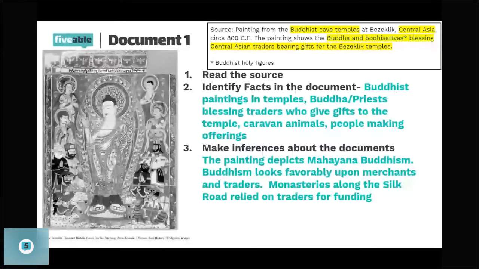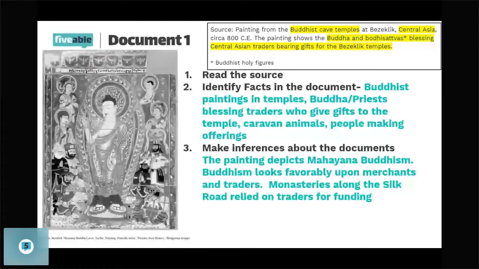Buddha becomes a god, and they now add in heaven and hell. This is a big deviation from traditional Buddhism, but because I know Mahayana, I can draw that. If you don't know Mahayana Buddhism, that's okay.